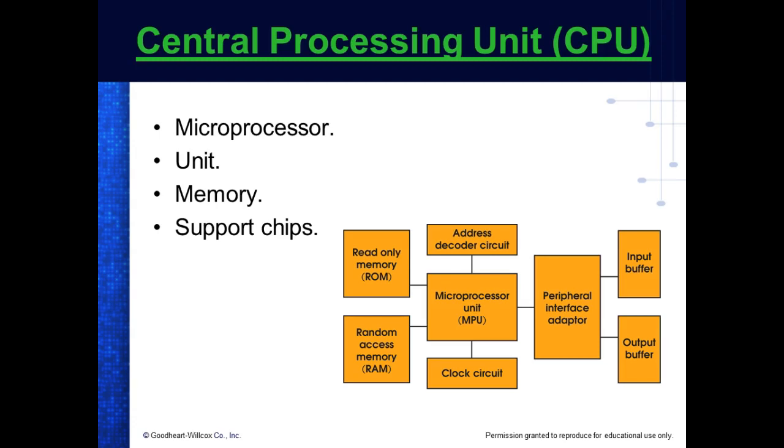You understand? So they came up with something called a microprocessor unit, which took everything that was inside a true CPU, not what we use in PLCs. In PLCs, we call this guy the CPU. In computers, we call the CPU the actual central processing unit.